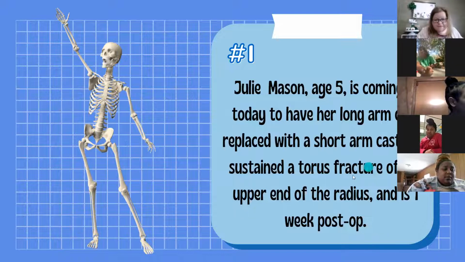So we know she's got a short arm cast is what they're doing today for a torus fracture, upper end of the radius. If you don't know what the radius is, you can go back and look at that lovely little skeleton picture that is nice and labeled, but it is a part of the forearm, just to save some time.